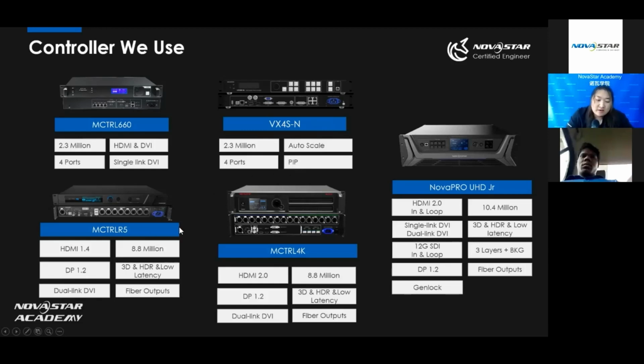And let's say the M Control R5, the pure sending card with higher loading capacity. It's just using HDMI 1.4, which means it's just a 4K by 1K resolution. And it has 8.8 million pixels, and still it has a DP 1.2 connector, and we have the dual link DVI here.